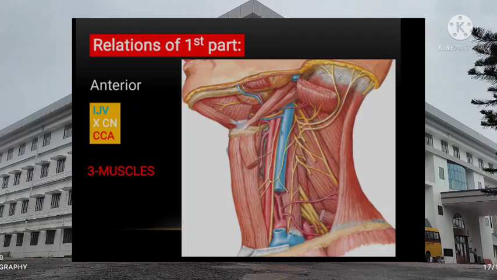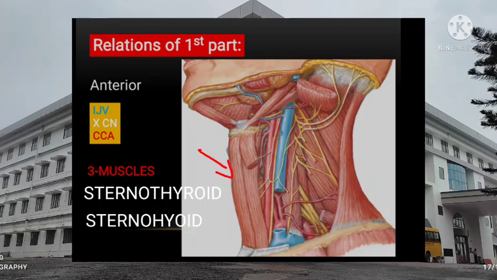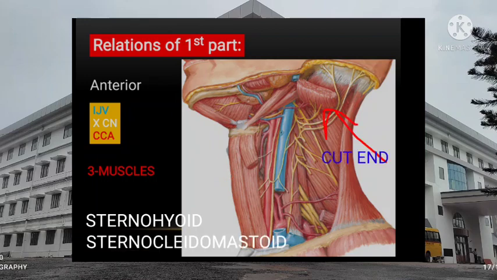Relations of the first part of the subclavian artery. Anteriorly, it is related with the carotid sheath and its contents: the common carotid artery, vagus nerve, and internal jugular vein, and three muscles in the anterior part: the sternothyroid, sternohyoid, and the sternocleidomastoid muscles.